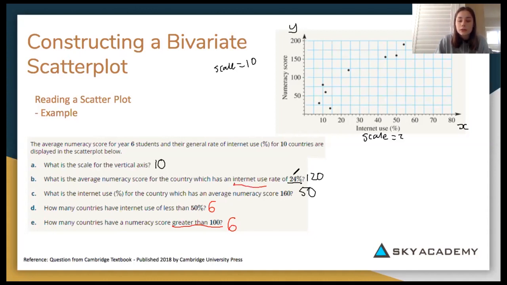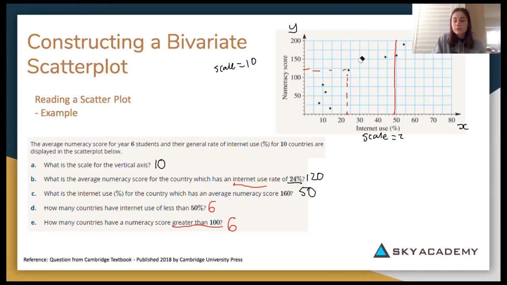We go across to the value we know, 24, and you'd use dotted lines going up and then dotted lines across once you've reached a point. And the same for the y-axis in question C. You go up to 160 and then across down to 50. And then if you're determining how many points, or in this case, how many countries have an internet use of less than 50%, you just mark off where 50% is and count however many countries are less than 50%.